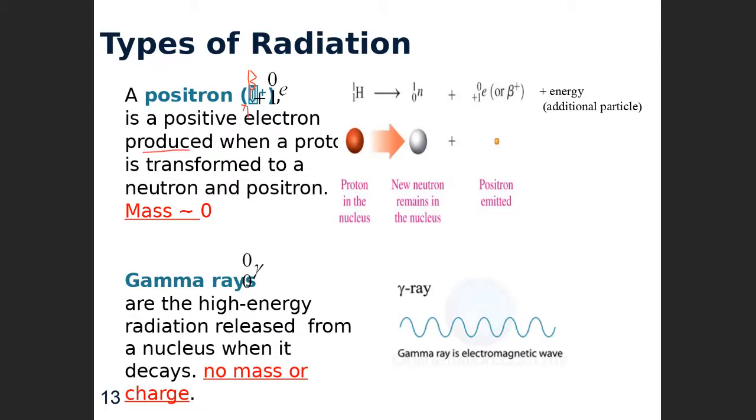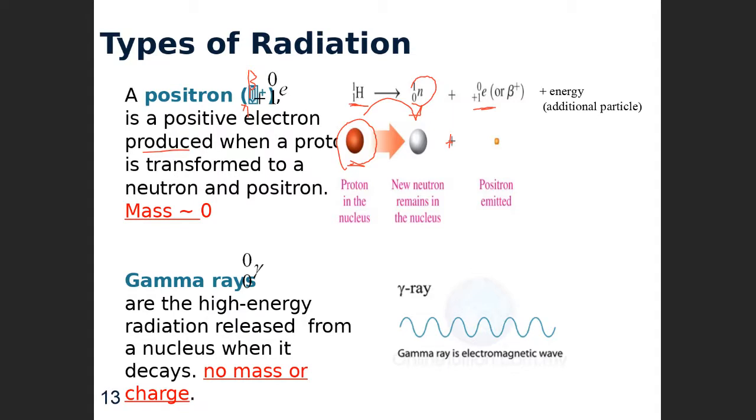It is produced when one proton is transformed to one neutron. When a proton transforms to a neutron, that will emit the positron, which has very high energy but is represented like an electron with a positive charge.